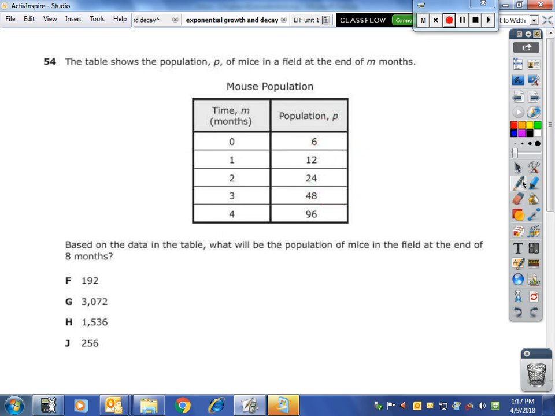It's not constant. It's going up by 6, and then it's going up by 12, and then it's going up by 24. What is it doing every time? It's doubling. So some kids just kept doubling, and they went down to 5, 6, 7, 8, and they doubled and doubled and doubled, and that'll get you the answer too.